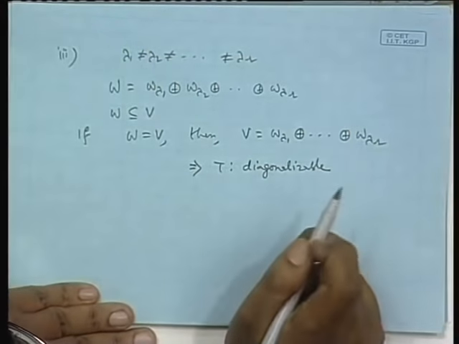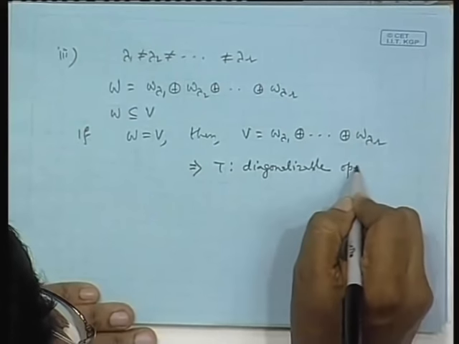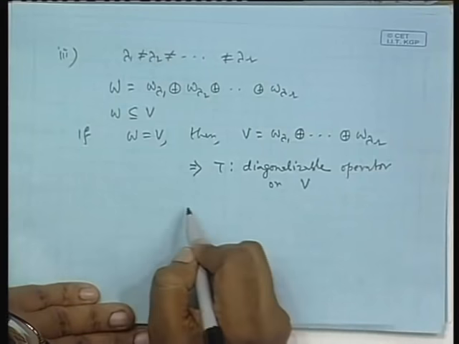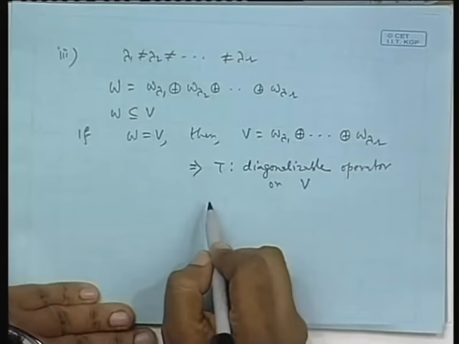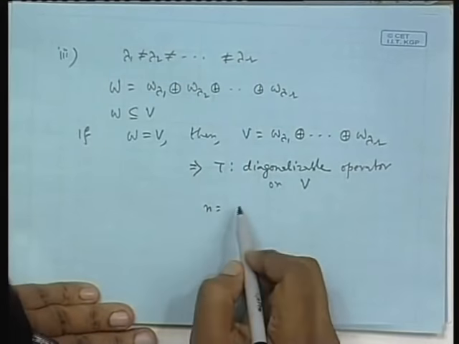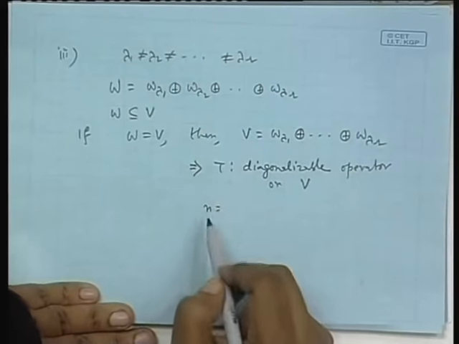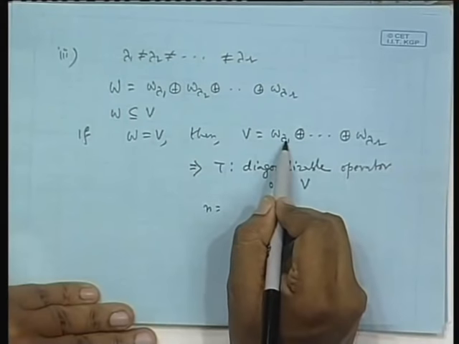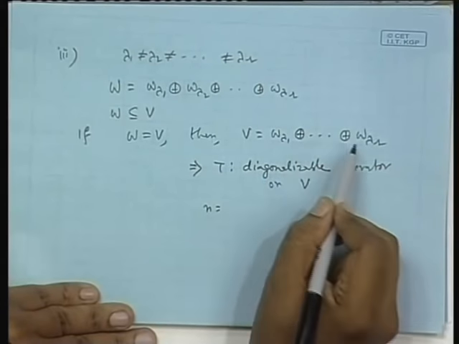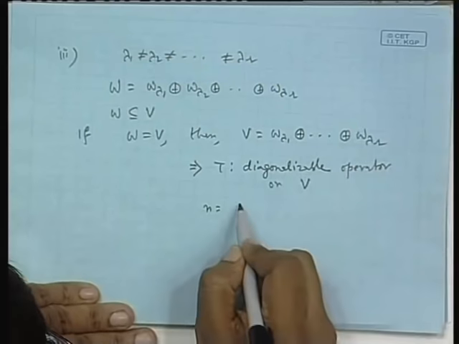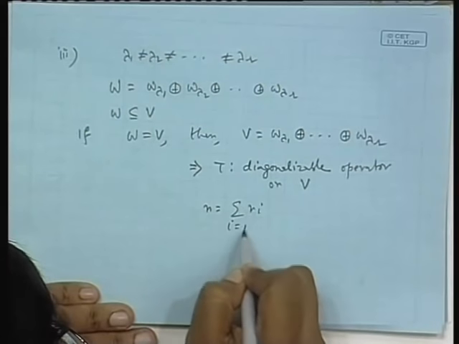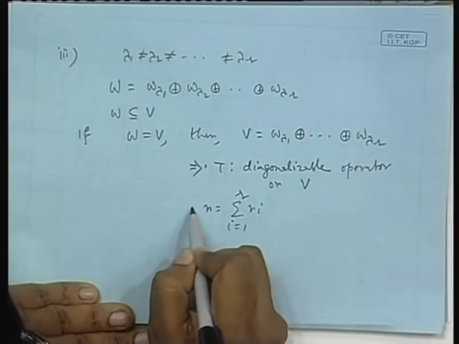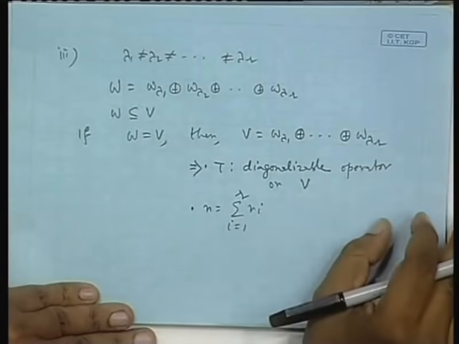I will come to that, but we just say T is a diagonalizable operator on V. And clearly the dimension of the vector space V will be equal to the dimension of W lambda 1 plus the dimension of W lambda 2 plus dot dot dot plus the dimension of W lambda r, which is the summation of n_i, i equal to 1 to r. These 2 points follow. We just give it the name, T diagonalizable operator.